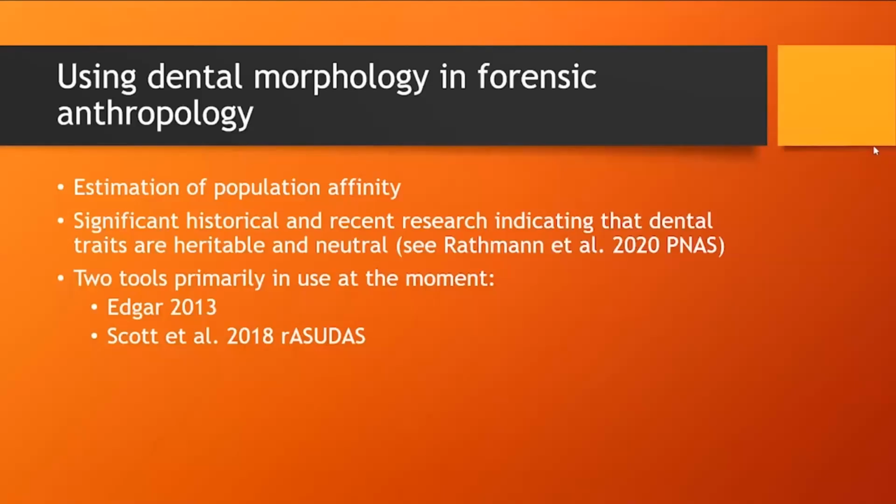One is a paper I wrote in 2013, and the other is Scott et al.'s 2018 paper that presents a web-based program, ASU-DAS. ASU-DAS stands for Arizona State University Dental Anthropology System. I'll talk a little bit about my paper, and then Becca can talk about the Scott work.